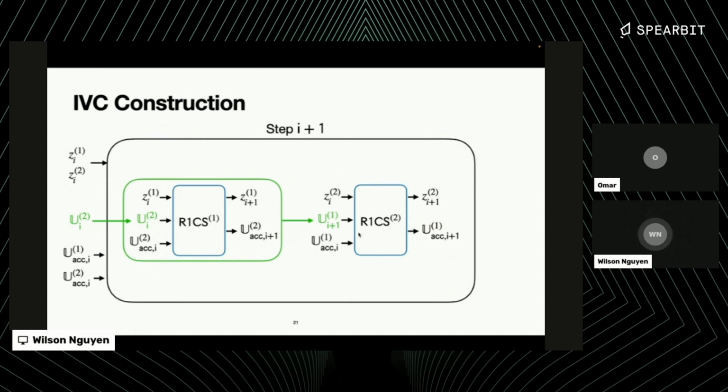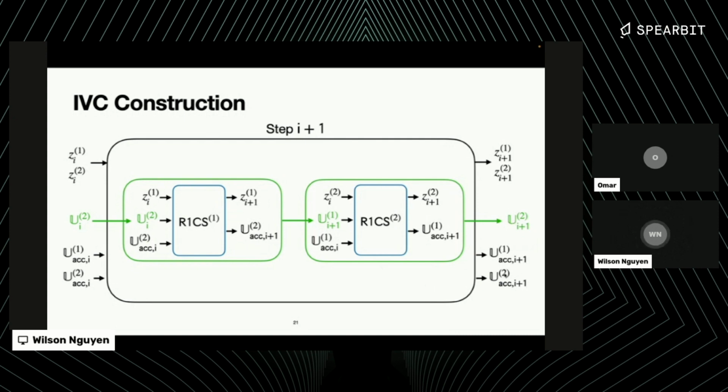And this constraint system also applies one step of the secondary function. And so now we can sort of repeat this argument. We can express the satisfaction of this constraint system as yet another strict instance for the secondary constraint system. And so what do we have in total? We have two new function outputs. We have a strict instance for the secondary constraint system.